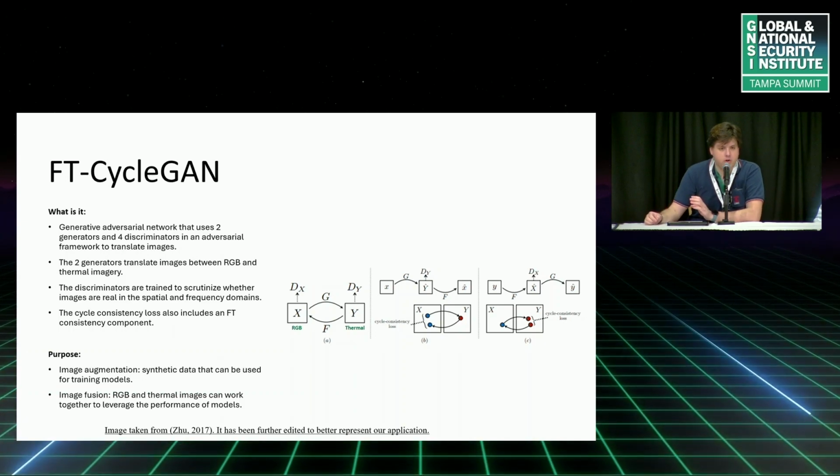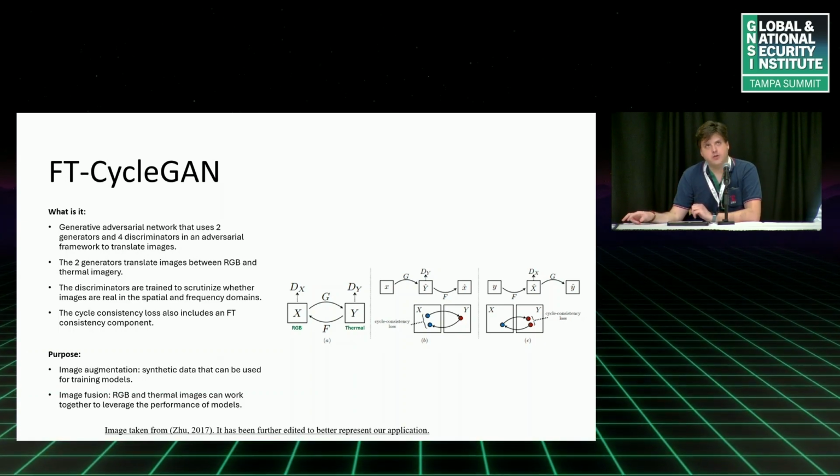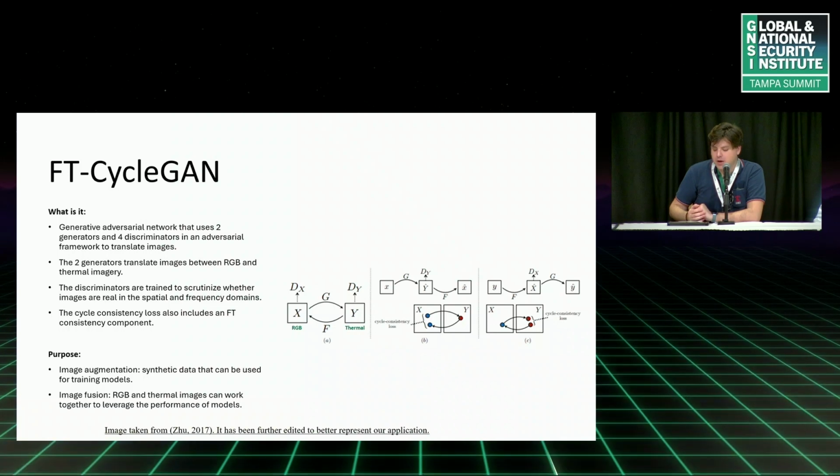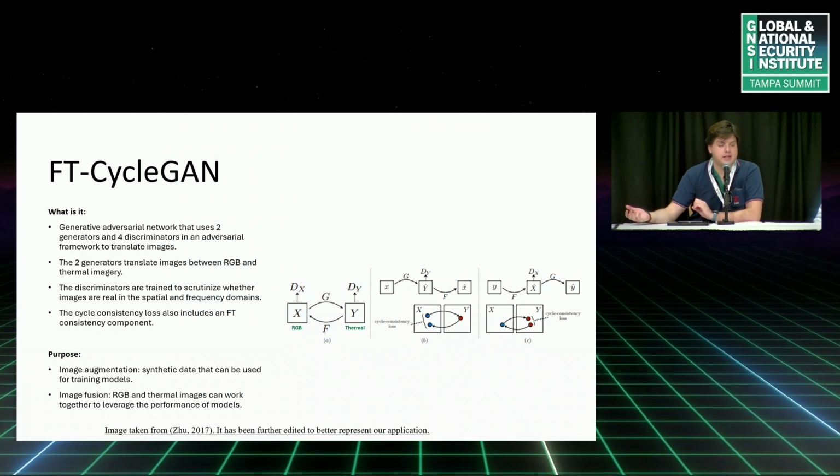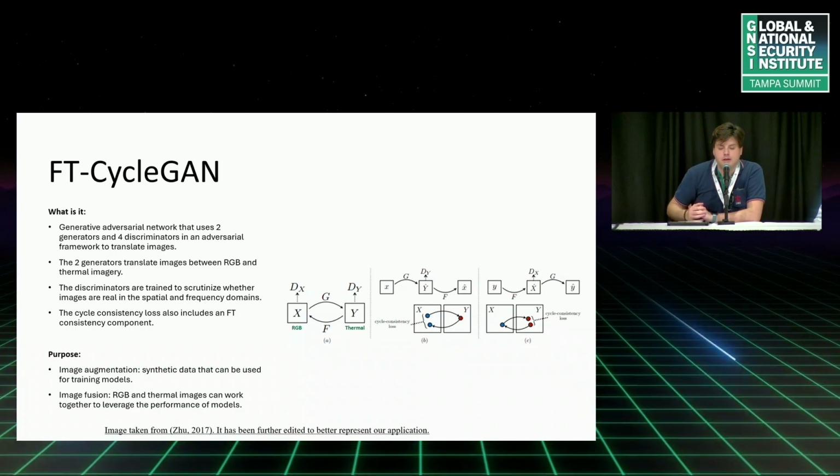In our current work, we're using two more discriminators for the Fourier transform domain, or the frequency domain. So the generators not only have to generate a realistic image to fool the spatial domain, they also have to fool the discriminators in the frequency domain.